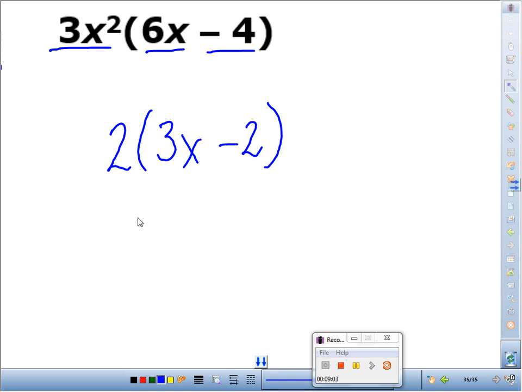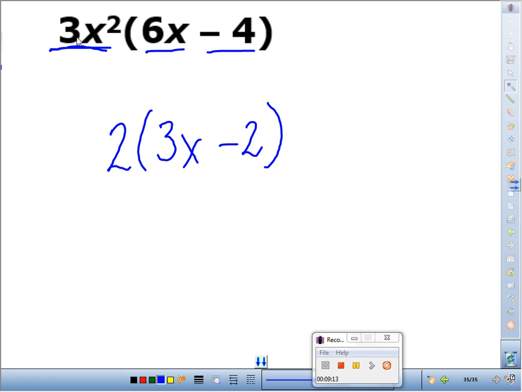Hold on before you continue. Pay attention, please. I said, according to them, this is the GCF. But for right now, we're not going to pay attention to that. We're focusing in here. Is there a GCF in here? Yes, it's 2. 6x divided by 2, that's 3x. Negative 4 divided by 2, that's negative 2.